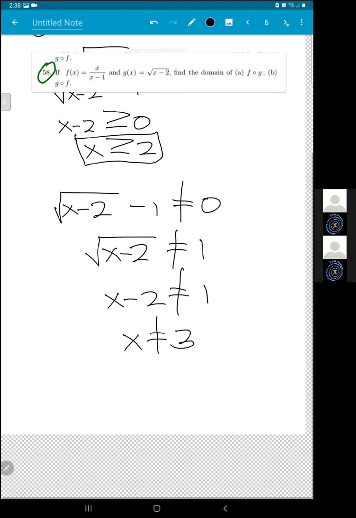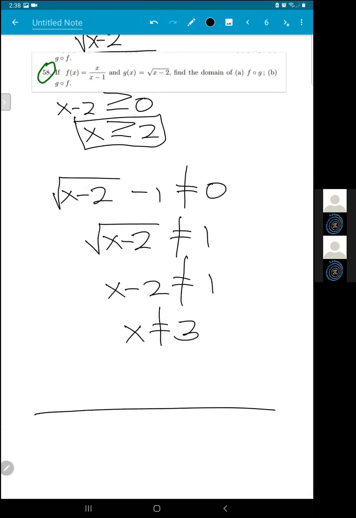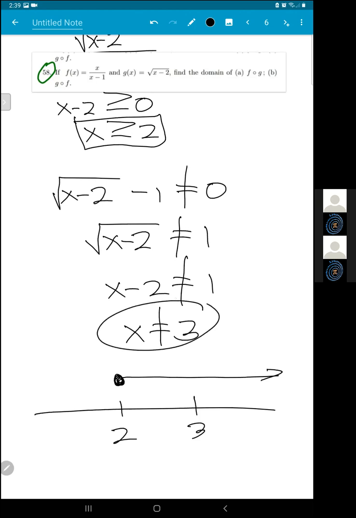If you look at that graphically, this one here says your domain, or your x values, should be in this set. And this one tells us you should exclude 3.